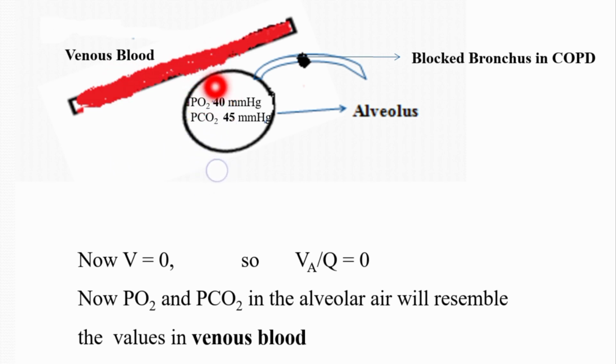So the values in the alveolar air will resemble the values of PO2 and PCO2 in the venous blood. So in these conditions, we say that the perfusion is being wasted here because there is no air with which it can exchange the gases.